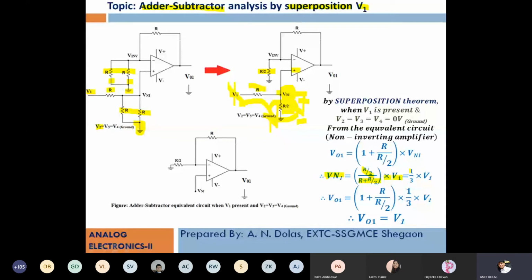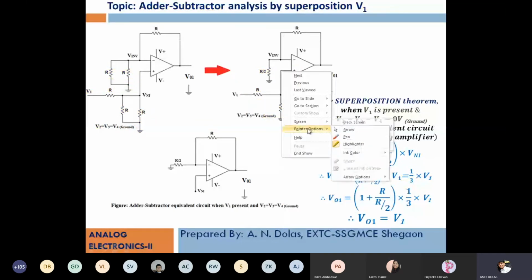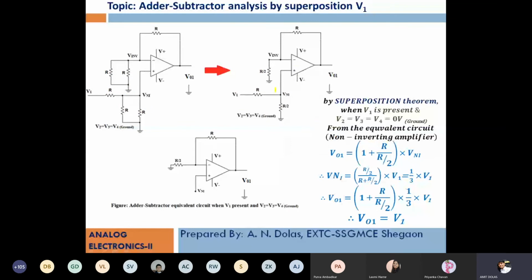Now that I have the voltage at this point, I shall erase the ink so that you can see it better. Again the highlighter. So what do I get? I got the value of the non-inverting voltage, which is nothing but 1 by 3 into V1, or V1 by 3.